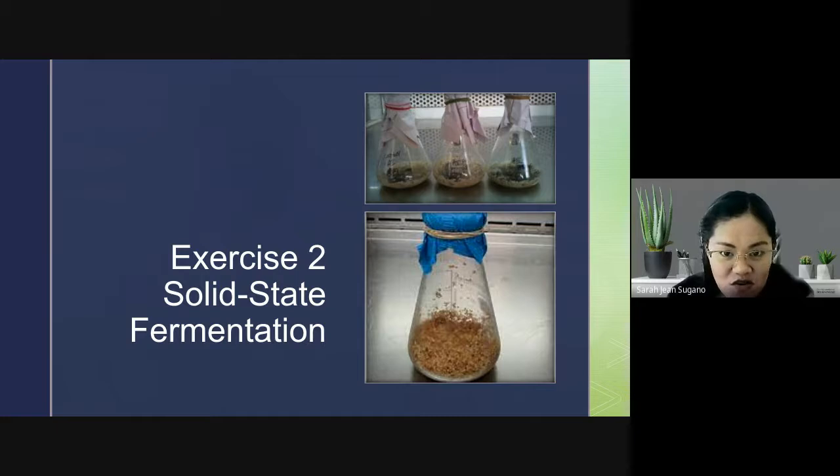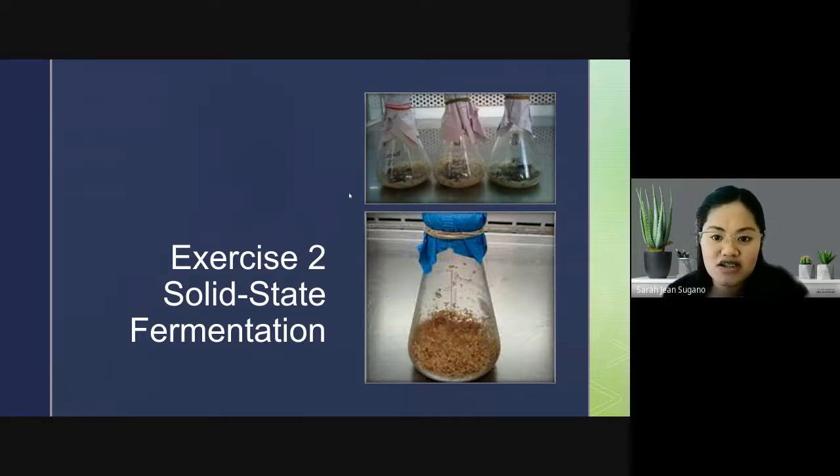So let us now go to the proper discussion. Our exercise number 2 is entitled the solid state fermentation. As you can see in the picture, these are earthenware flasks, and these are examples of solid state fermentation setup.